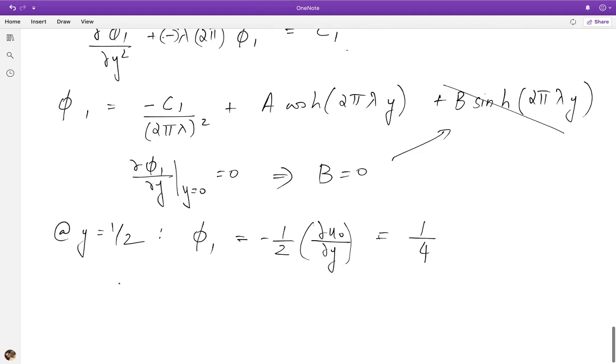So substituting for φ1, I have minus c1 by (2πλ)² plus a cosh of πλ, after substituting y equals half, is equal to 1/4. Right, so therefore I can now solve for a.